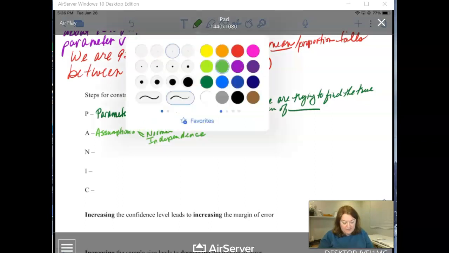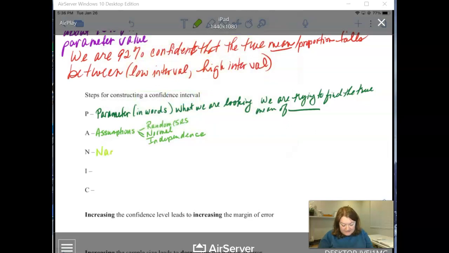Then the next part is we're going to name what we're actually doing. This is going to be a consistent step over the next several chapters. So we're going to name the interval.